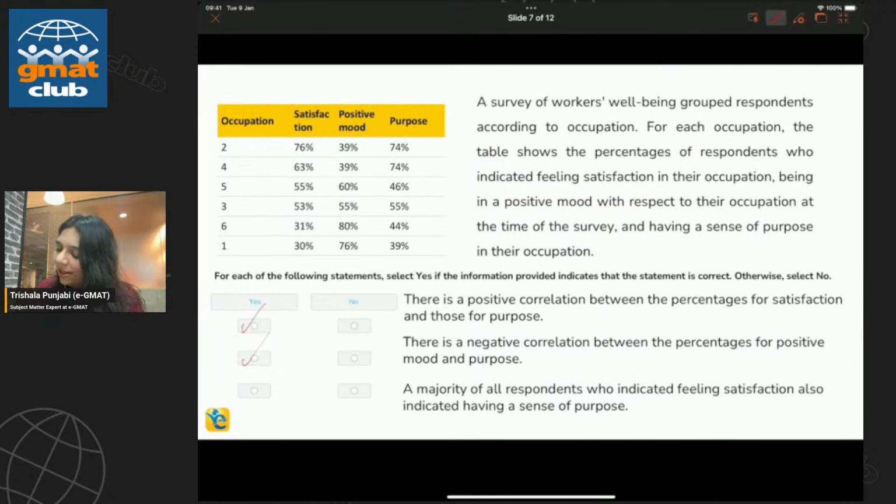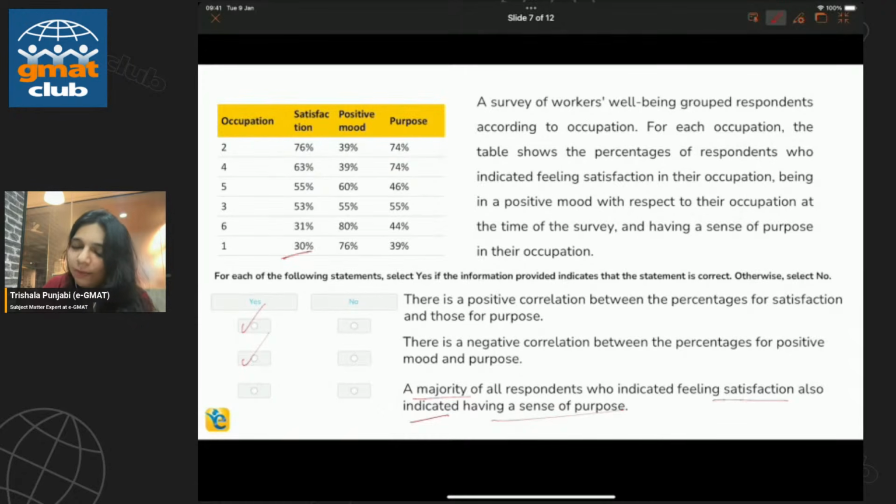Now let us look at the third one. It says that a majority of all respondents who indicated feeling satisfaction also indicated having a sense of purpose. I think this is something which actually trips a lot of people up. Let us figure out what this actually means. Who indicated feeling satisfaction?